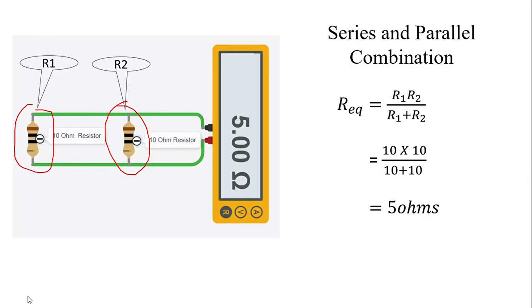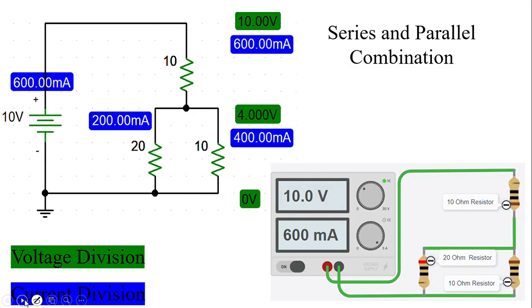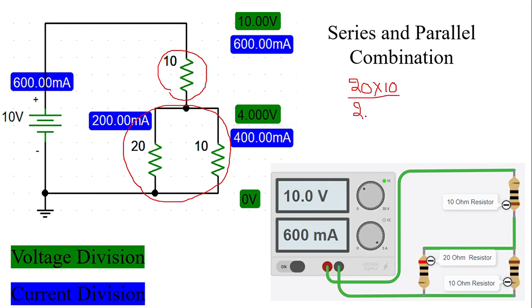Now coming to the last combination, where these two resistors are in parallel with each other, and this whole combination is in series with this. If you see, 20 and 10 are in parallel, the equivalent resistance is going to be 20 into 10 by 20 plus 10.